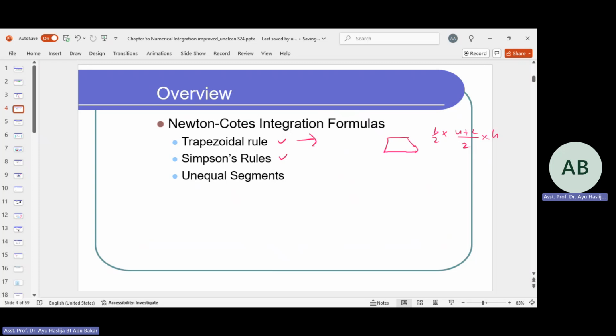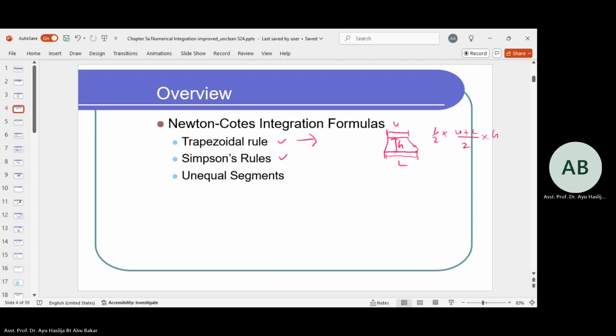Last time you learned during your secondary school. So the height is over here. Then the upper length and this length, the average of this multiplied by height over 2. Okay, so that is the trapezium area. So you will apply the same area formula for this trapezoid rule.